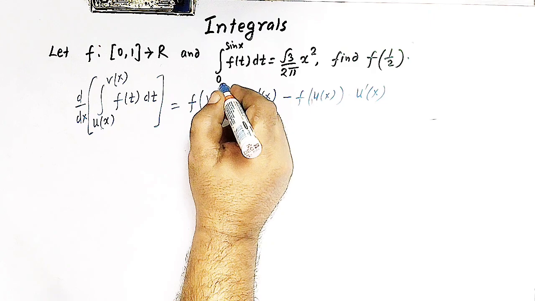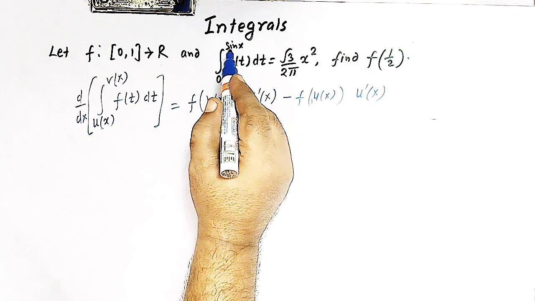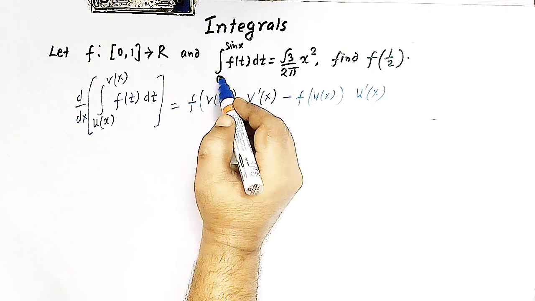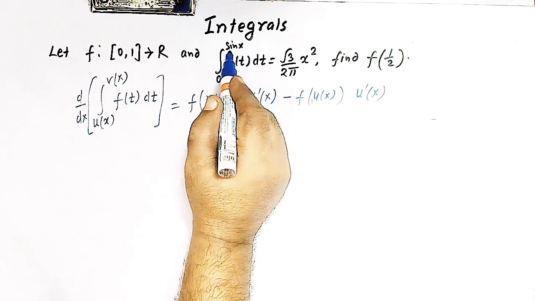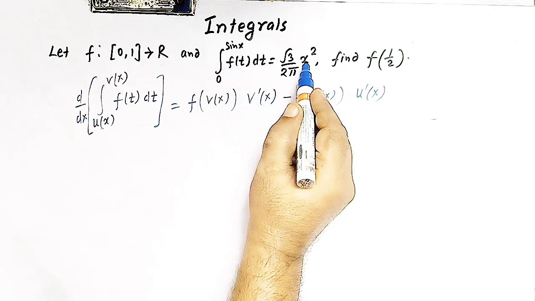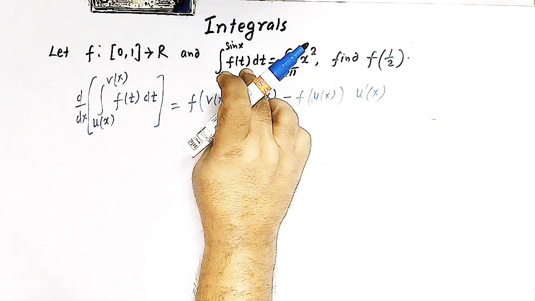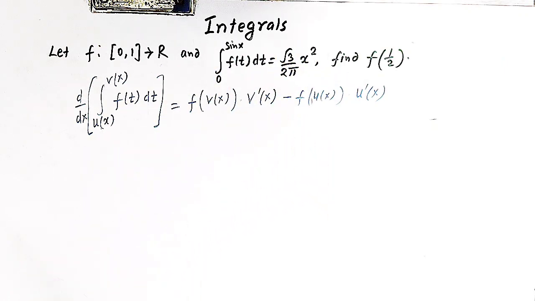So here the lower limit is 0 and the upper limit is sine x. So the upper limit sine x is a function of x. So we'll differentiate both sides of this equation with respect to x.